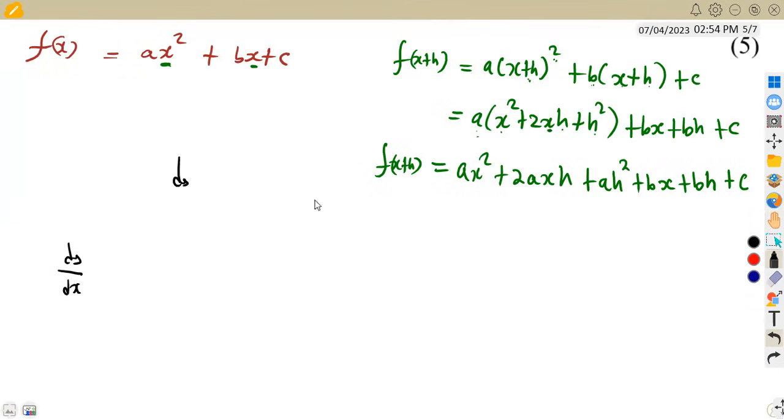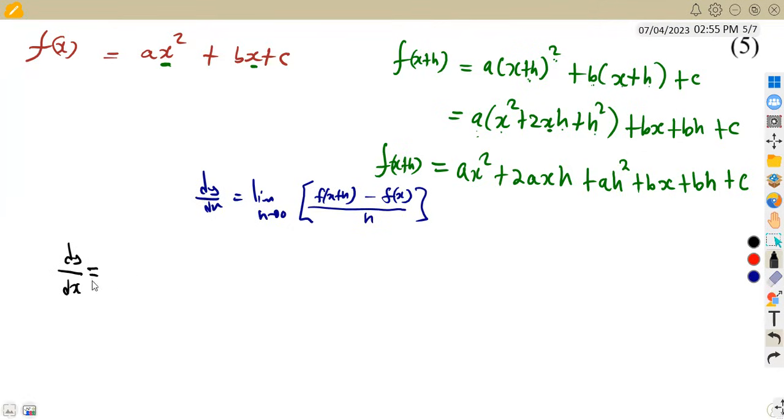So it was dy dx here is equivalent to the limit as h is approaching to 0 of f of x plus h minus f of x, everything over h. All right, so I just want to substitute everything here now on this one.